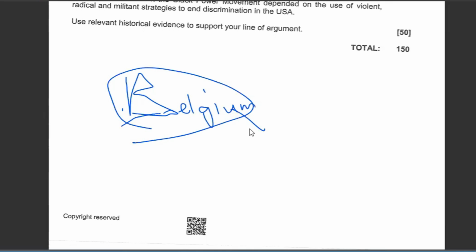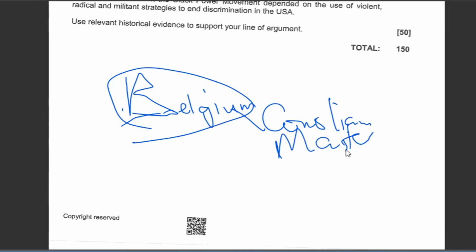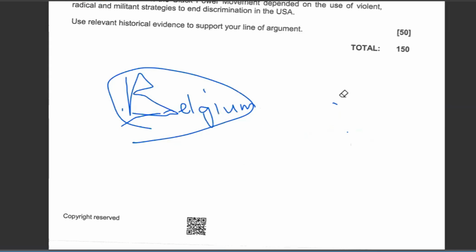That was the colonial master of Congo, which means before independence, the Congo was being ruled by Belgium and led by King Leopold.